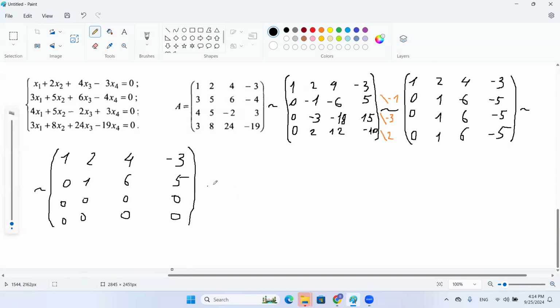And now let's rewrite it as a matrix which has only two lines.